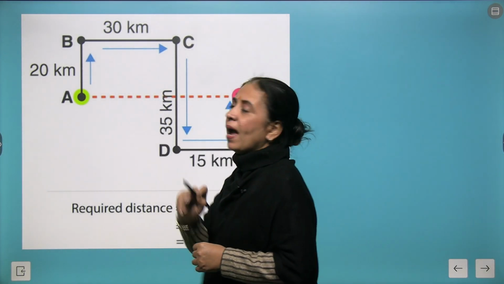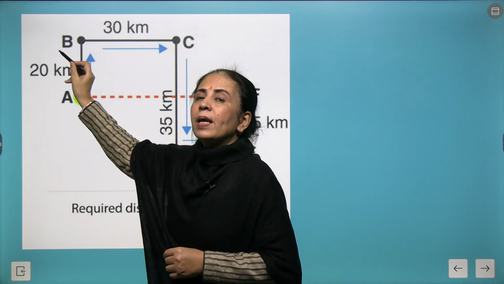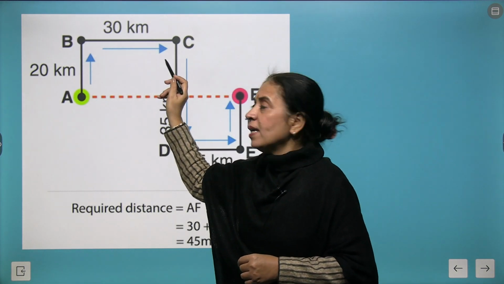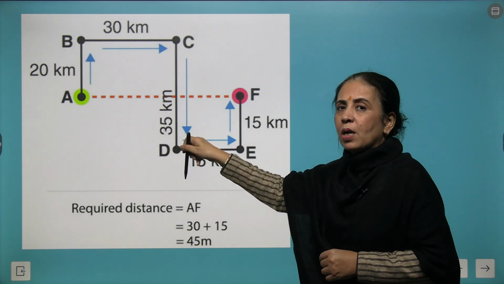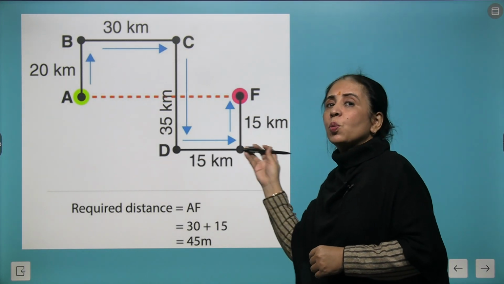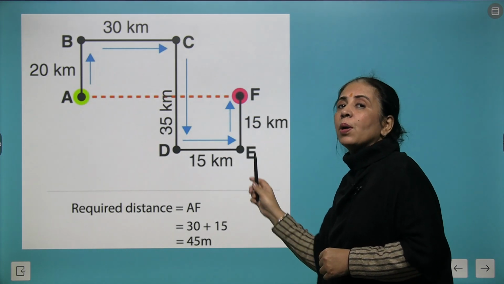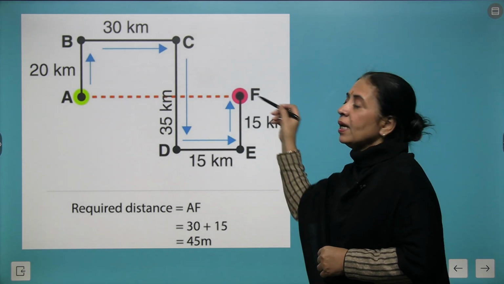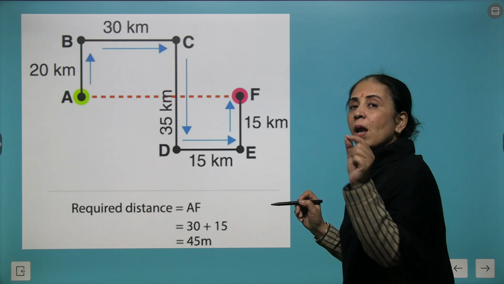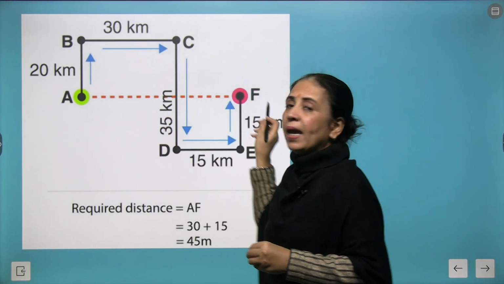Here we have A as a starting point. The boy is moving towards north, then he turns towards east and coming down by 35 kilometers towards south. Then further he moves towards east direction by 15 kilometers and goes towards north direction by 15 kilometers. He reaches point F. Now question is, what is the shortest distance between A, F?